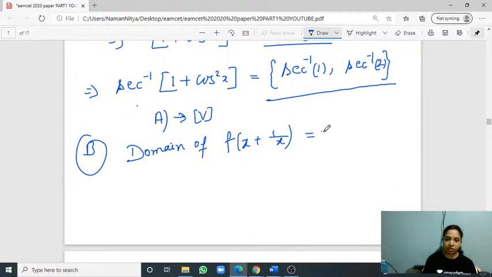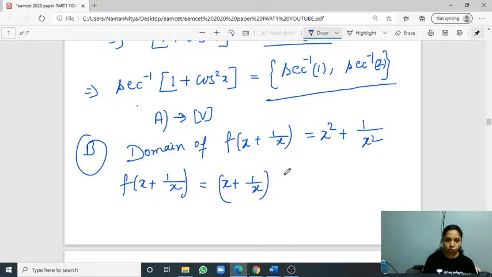So let me write the question once, then we will calculate the domain of this. Here I can write f of x plus 1 by x equal to x square plus 1 by x square. Can I write this as x plus 1 by x whole square minus 2?